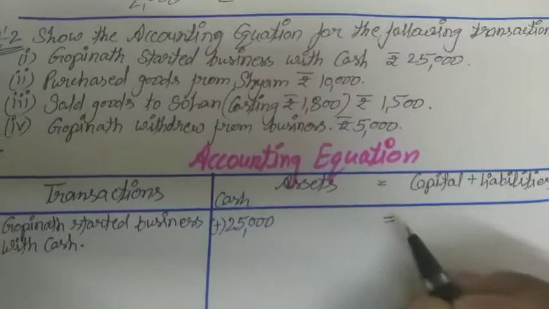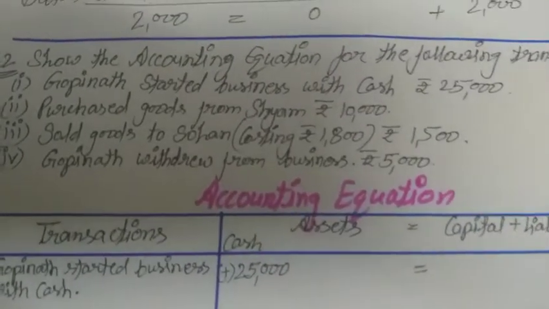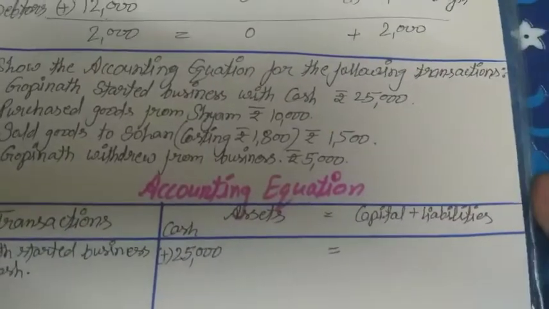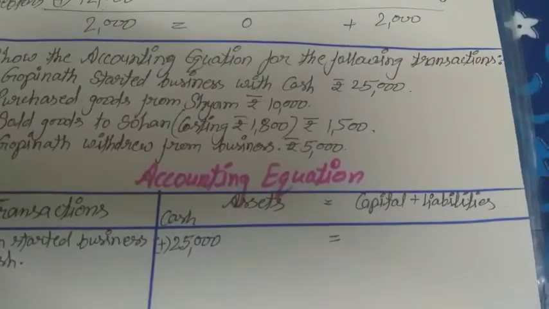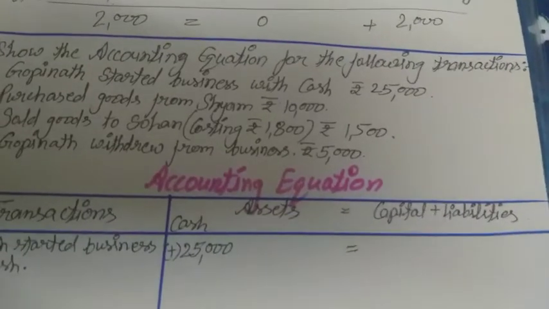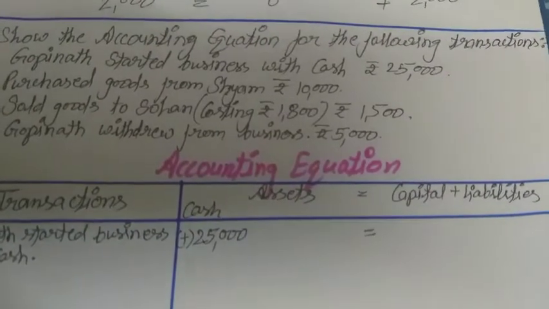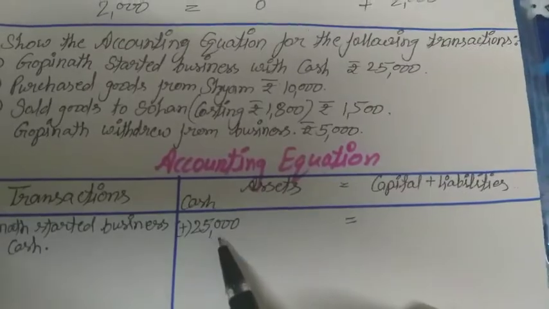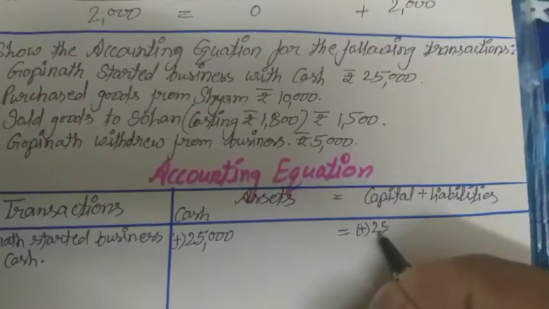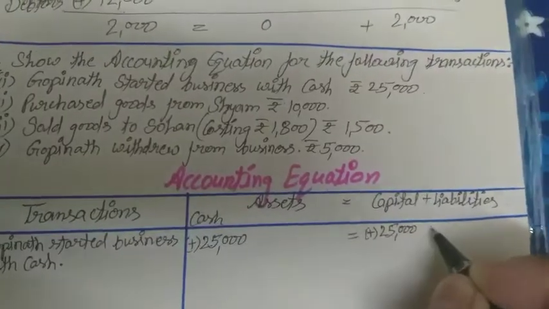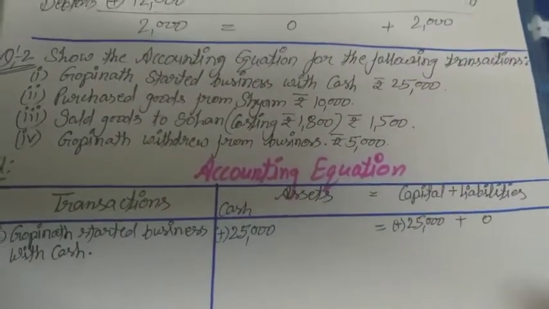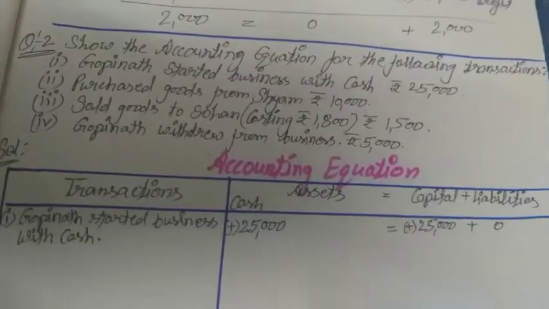When a business is started by any businessman, whatever amount is introduced by the businessman will be the capital of the business. So this 25,000 will affect the capital. 25,000 will be added to the capital, no effect on liability, so liability will be 0. Okay.